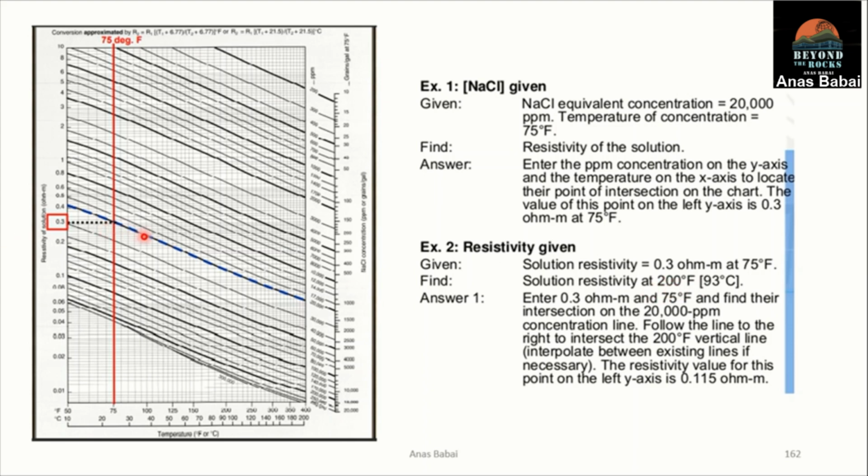You go until you find the 200, and wherever the temperature intersects with the concentration, you read the value, which is slightly above 0.1, so it's here 0.115.